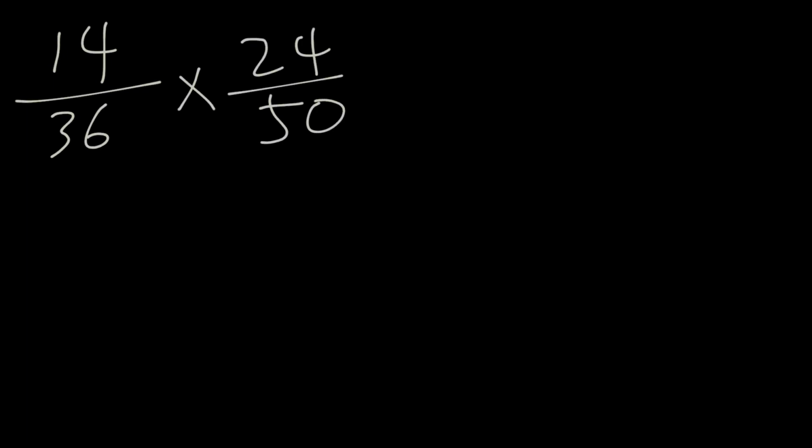Now let's try one where we're multiplying 3 different fractions. Now since there are 3 different fractions, it would be more difficult to determine what number to divide each of them by.